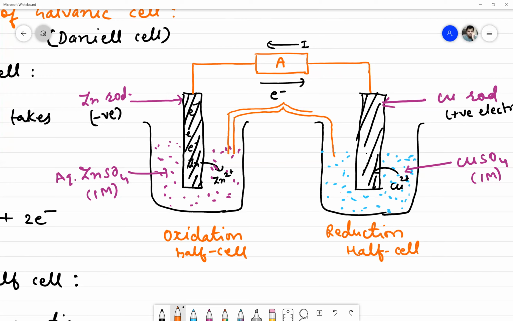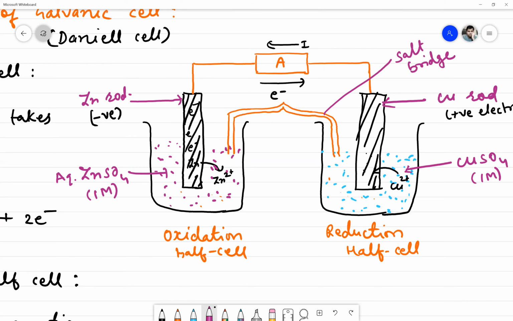Inert electrolyte means these electrolytes don't participate in the redox reaction, but they help us maintain electrical neutrality in both half cells.